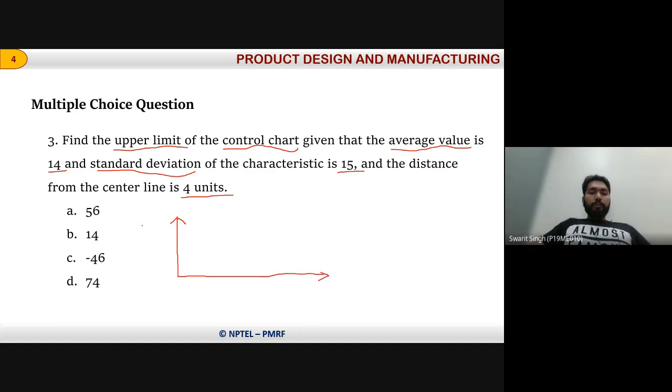Suppose on the y axis there will be diameter, and here the number of components: first component, second component, third component. So the number of bottle caps which we are producing is on one axis, and diameter is on the y axis. We'll take some readings.